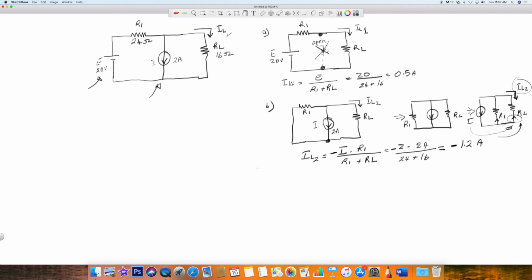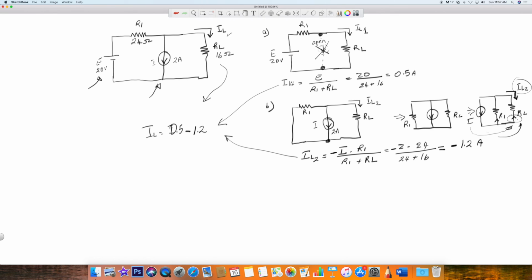Okay, so now out of these two, we want to deduce what is IL. So IL typically will be equal to the sum of the two, right? But in this case, since the other one is negative, you're going to get your 0.5 minus 1.2, right?